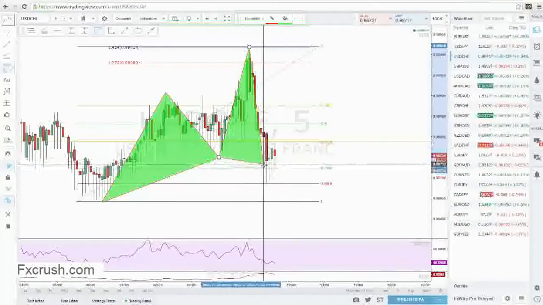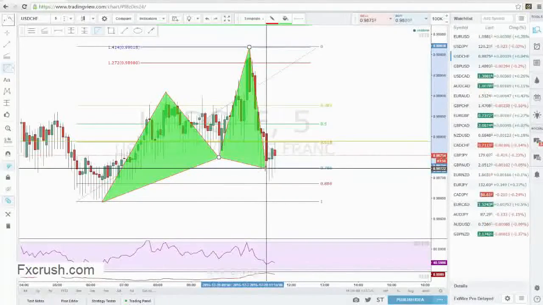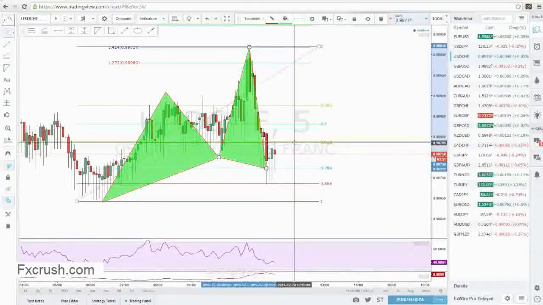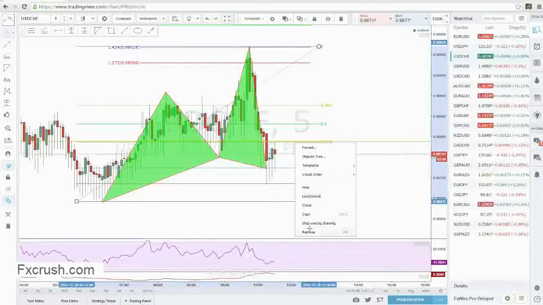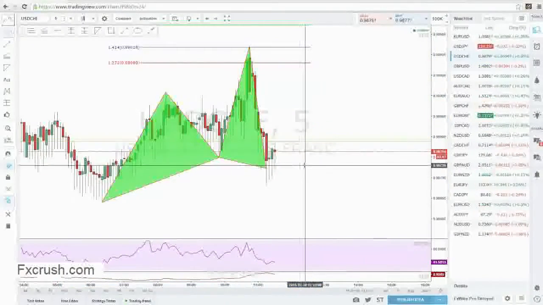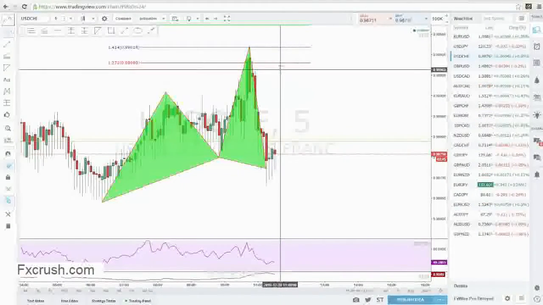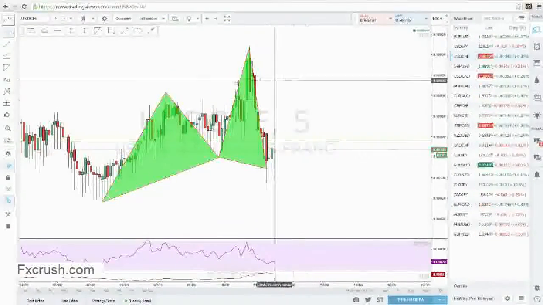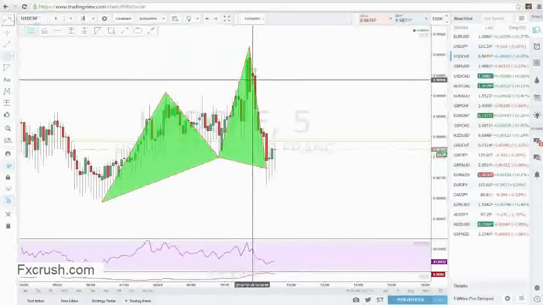Down here to the 786, and as you can tell, this cipher pattern is already completed but has not yet come up to hit targets. So what I'm going to do is place a limit order down at the 786 right here and see if this market can come back down and retest this level before going up and hitting targets.